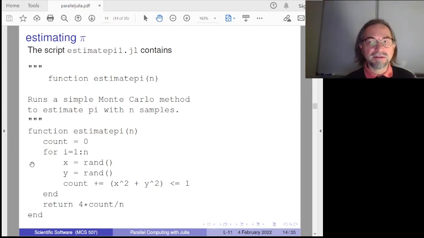So the ideal parallel computation will start up a number of processes, let them run independently, and then collect the result afterwards. So here is the Monte Carlo simulation.